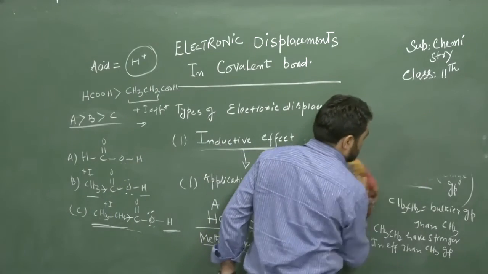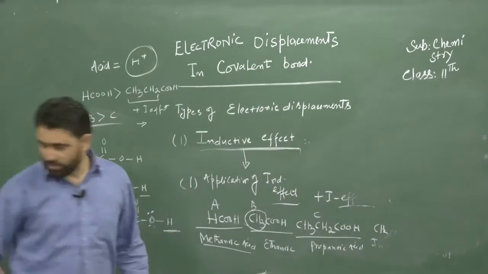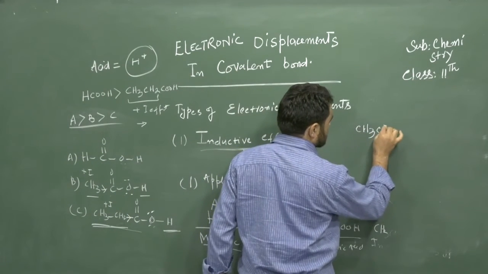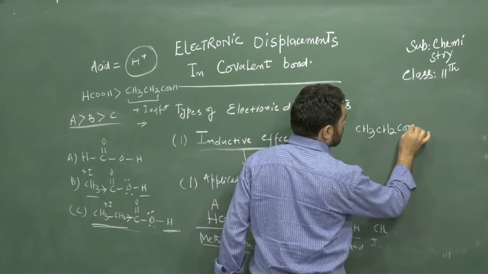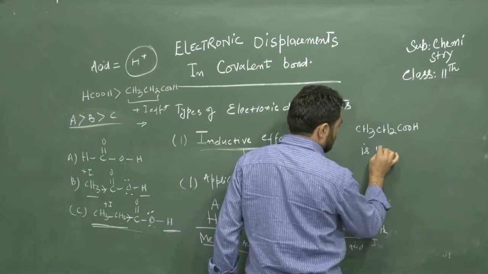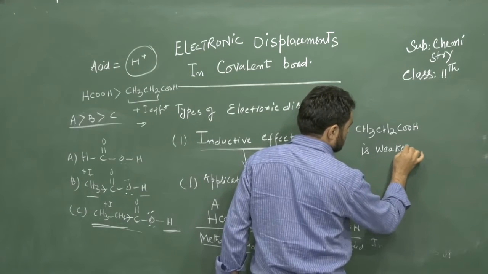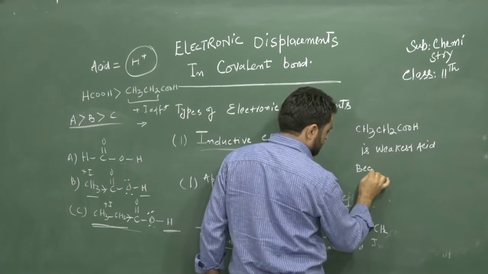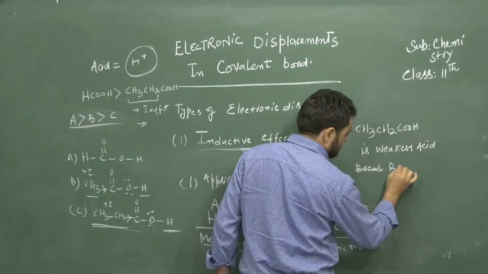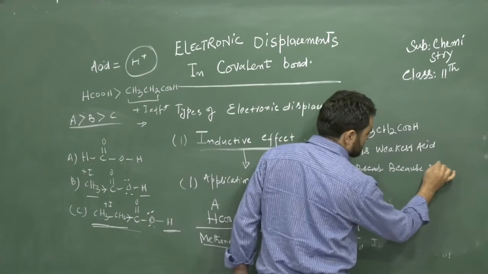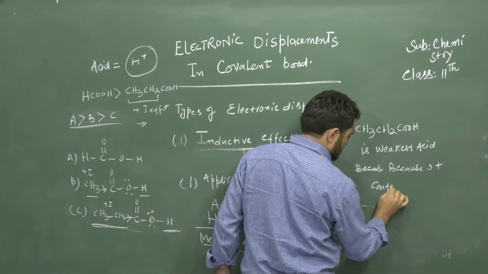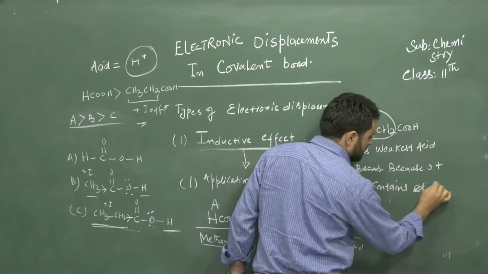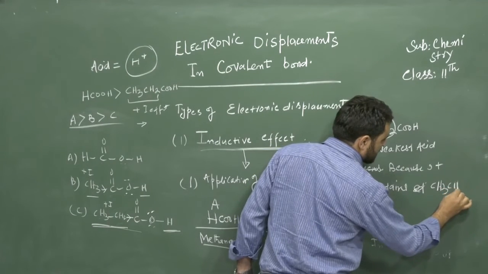So here I will write some concept. CH3CH2COOH is the weakest acid, because it contains CH3CH2.